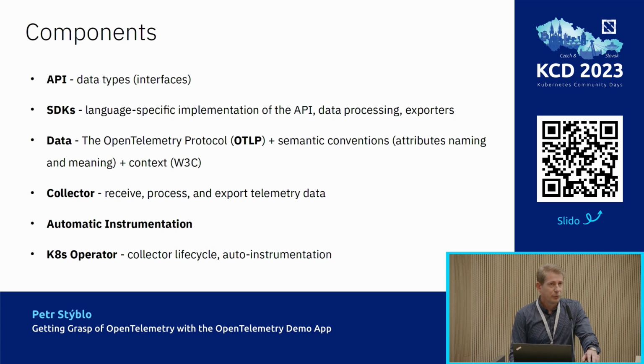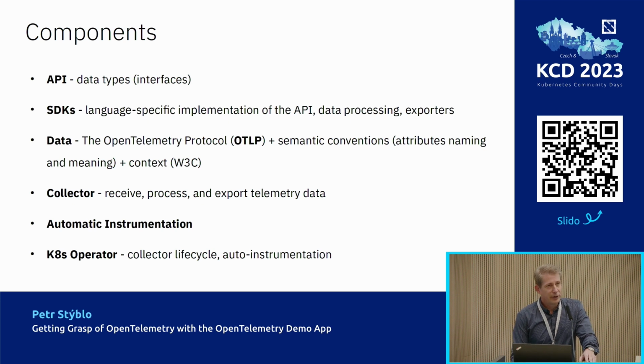There's also automatic instrumentation. I'll mention instrumentation later in my talk. But automatic instrumentation means that we don't need to do everything manually by programming, but we can leverage automation techniques that help us inject the required instrumentation into the code automatically for us.